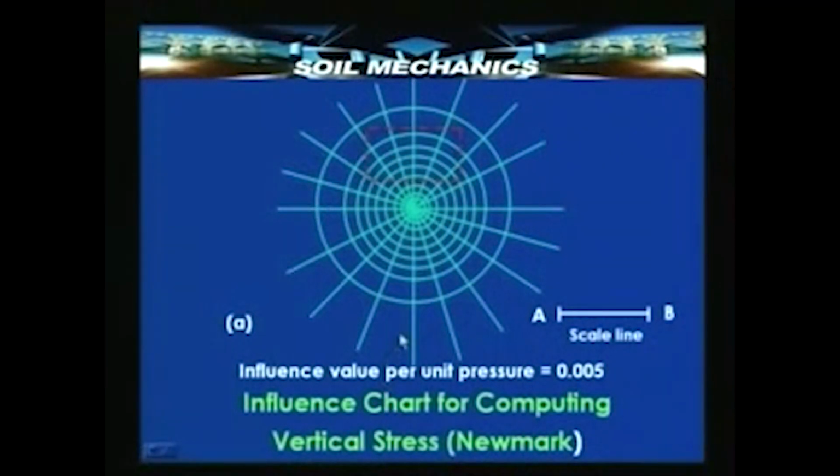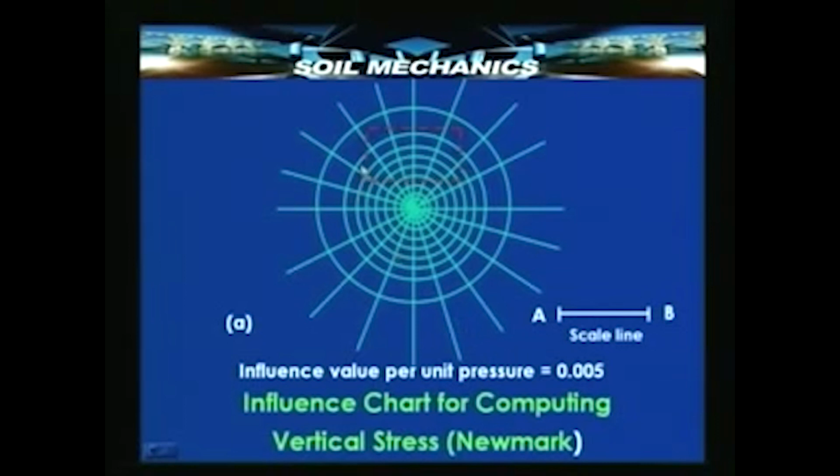It is possible to choose any given value of influence factor and plot these concentric circles to a predefined scale A B. However, Newmark has plotted, after several trials and based on his experience, a chart with influence value equal to 0.005, which means that every small area here contributes a value of 0.005 in terms of influence factor.